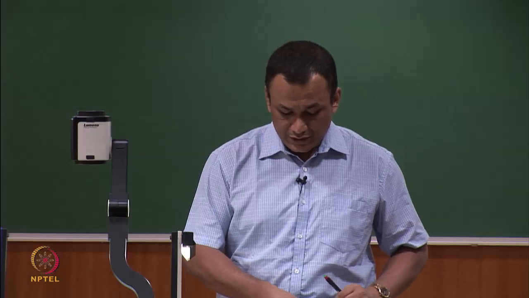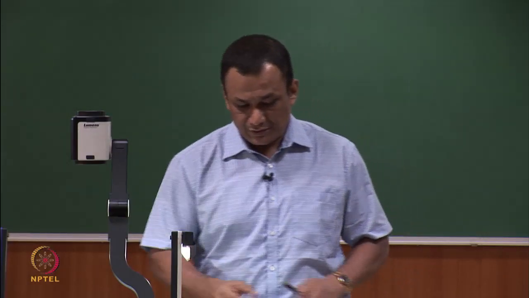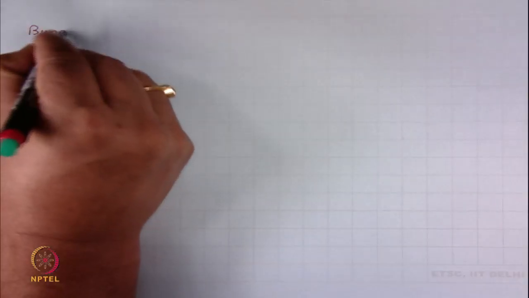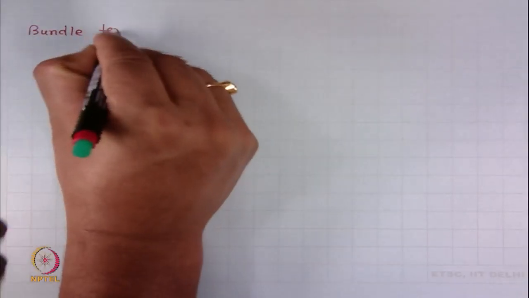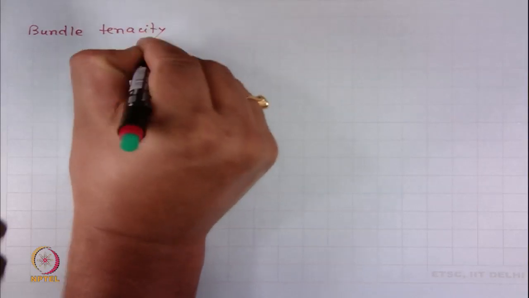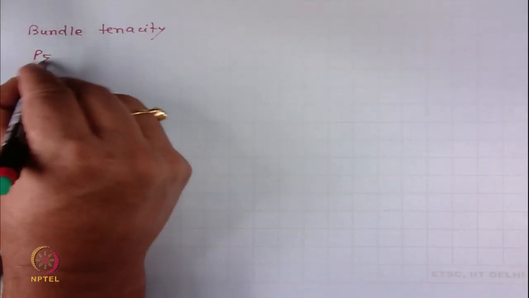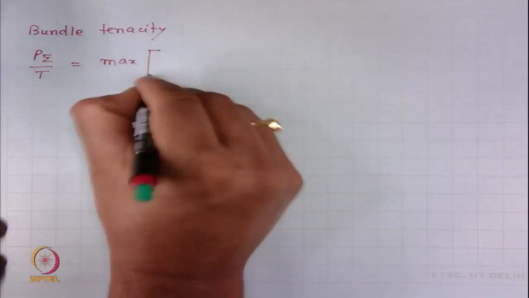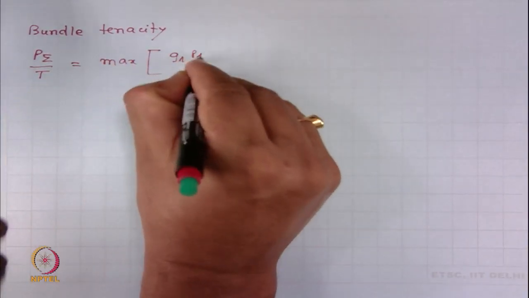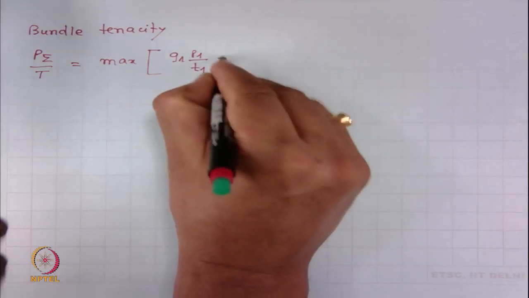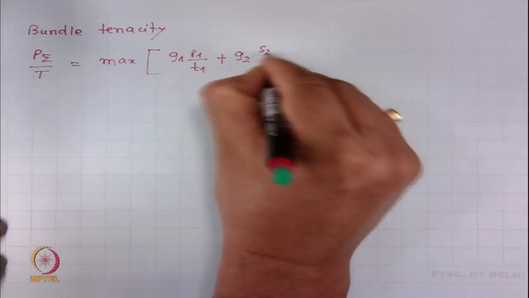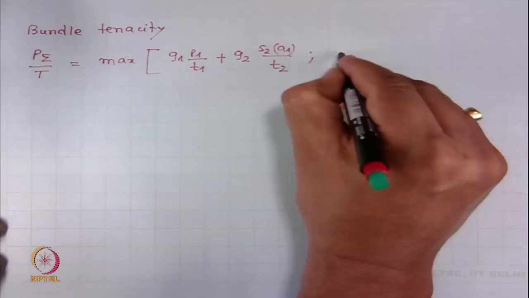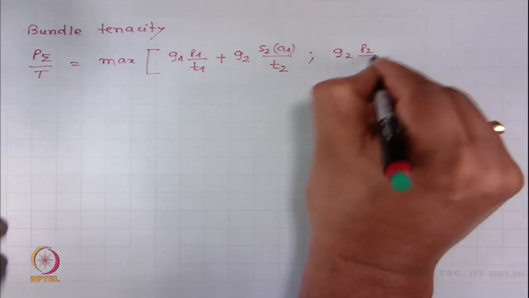So, how would we solve this problem? This problem we would solve in a similar manner. Bundle tenacity is equal to maximum of these two, T2.